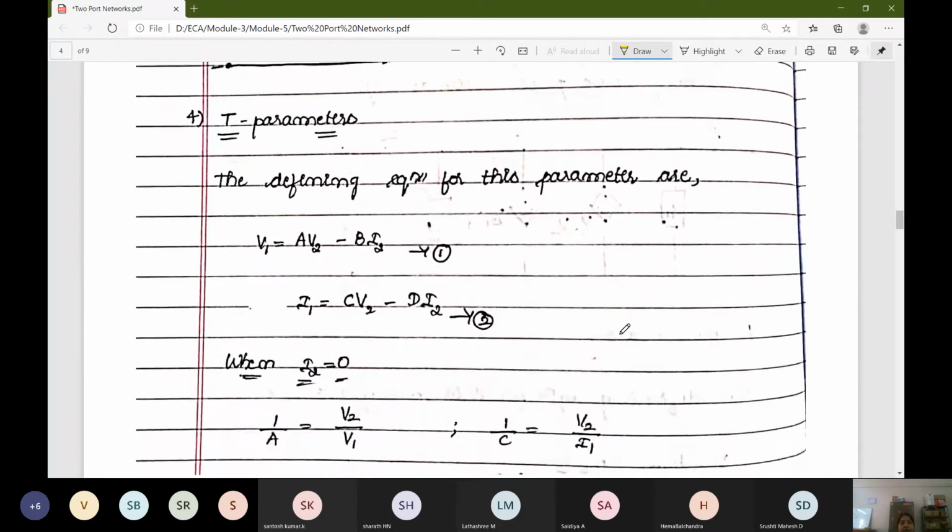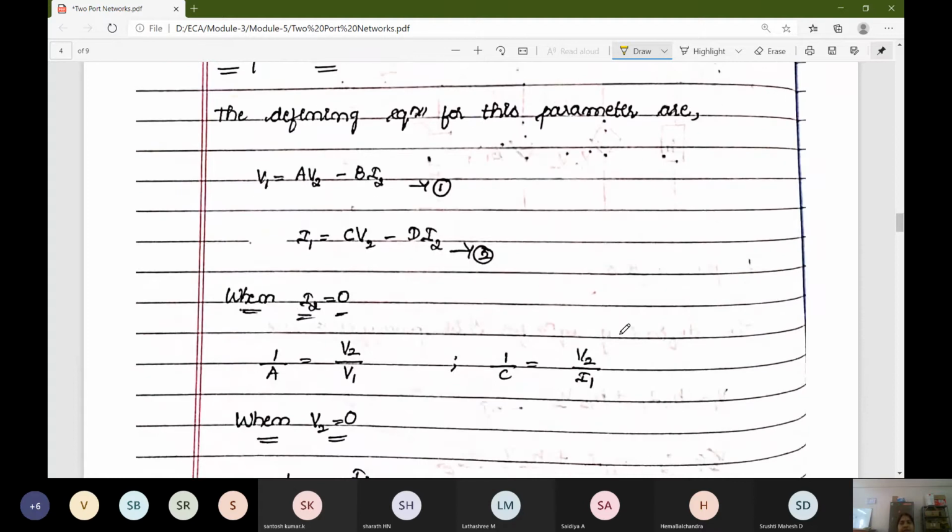Next we'll move on to the T parameters. The defining equations for these parameters are: V1 is equal to AV2 minus BI2, that is equation 1, and I1 is equal to CV2 minus DI2. Okay, here A, B, C, D, the other name we call is ABCD parameters.